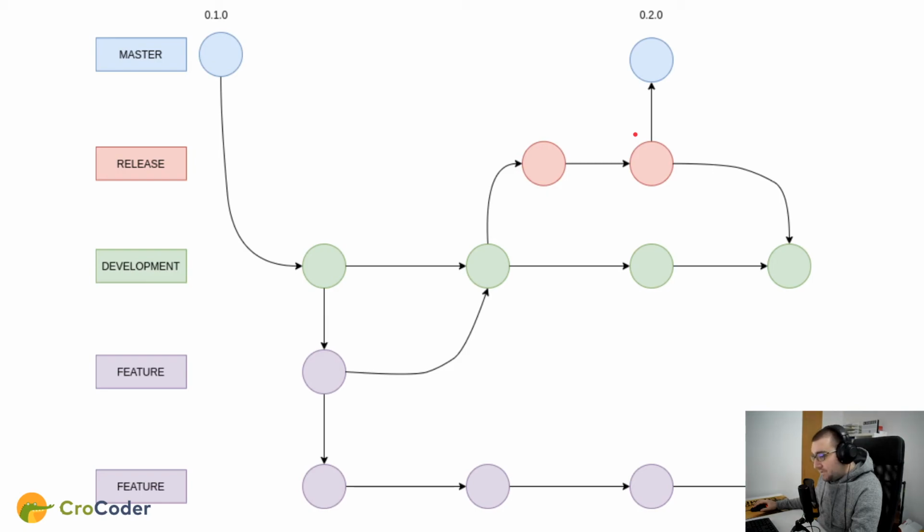That works perfectly fine until we have a giant problem, and that's our version 0.1.0 has a bug in it. And our client can't wait for version 0.2.0. And our code in development differs really hugely from master.